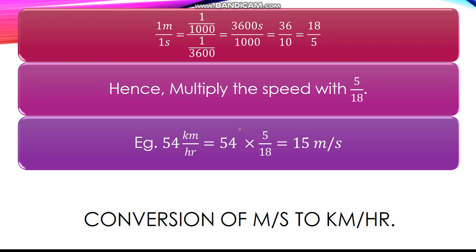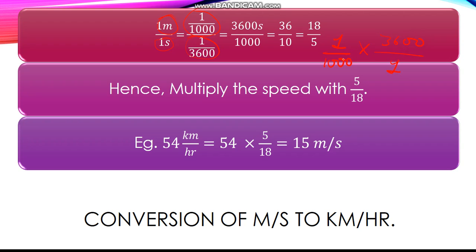Now conversion of meter per second to kilometer per hour. As you can see, 1 meter is equal to 1 upon 1000 kilometer and 1 second is 1 upon 3600 hour. So it would be the reciprocal. I hope you know about the reciprocal. So it would be multiplied by 3600 upon 1000.